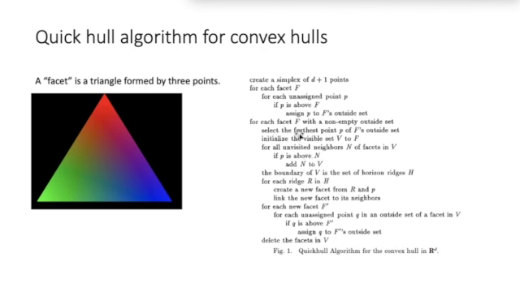It also selects the extreme point in the outside set, and then identifies the visible faces for the point, and then uses the visible faces and the extreme point to form the new convex hull. And then you identify the new set of outside points until the outside set is empty.